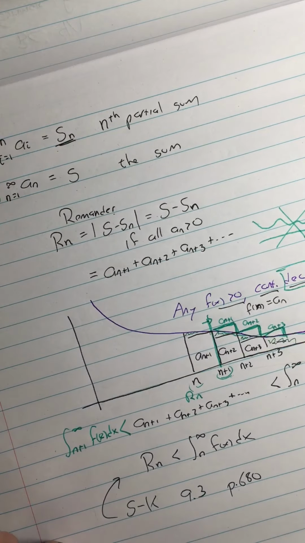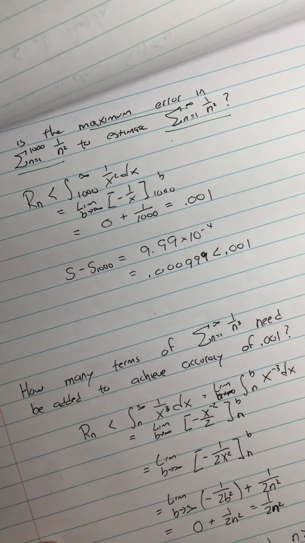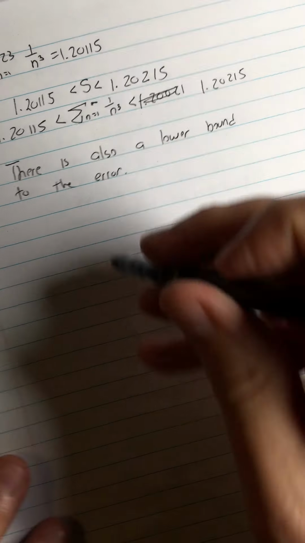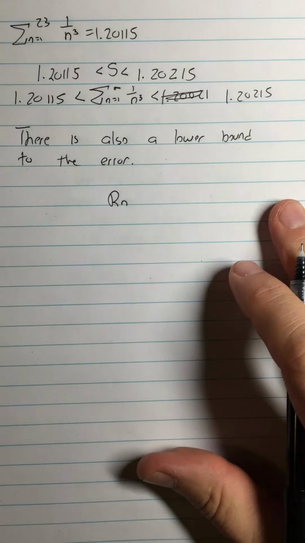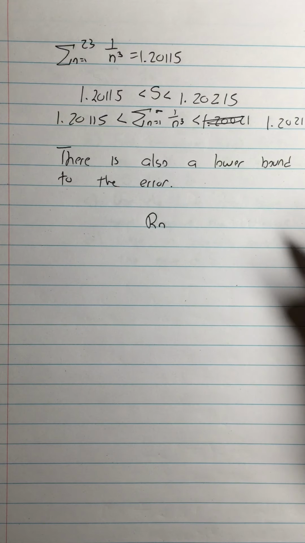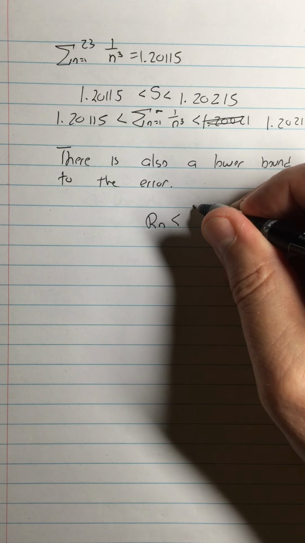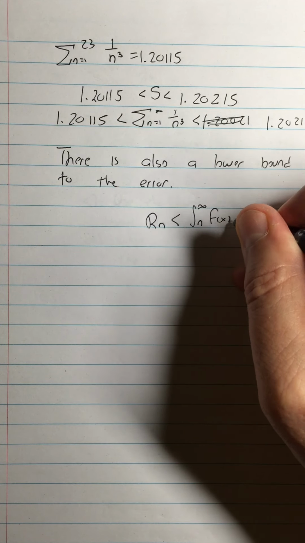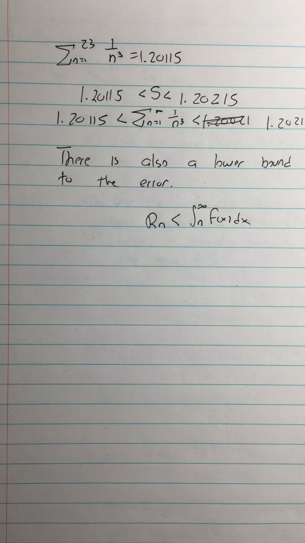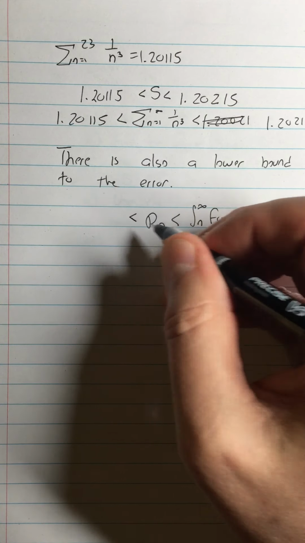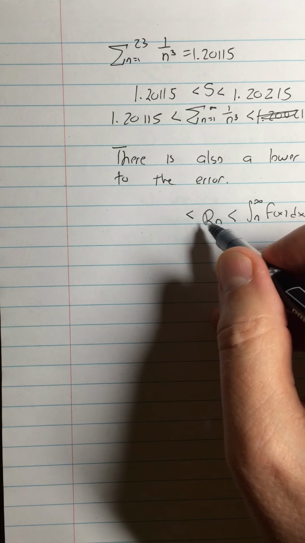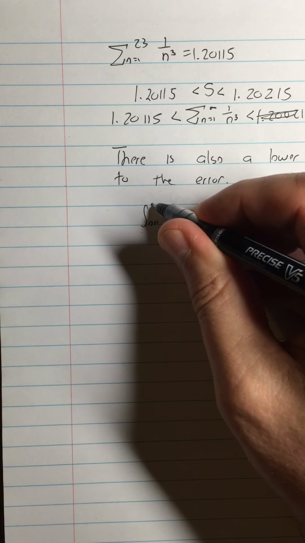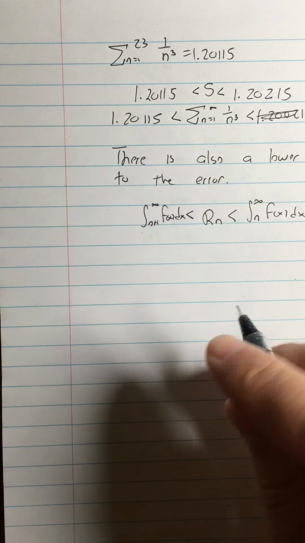All right, so the full statement of this remainder theorem is, if I can find out what page I'm on, the remainder r sub n, meaning the error incurred by using finitely many terms, n terms, to estimate the infinite sum, is less than the integral from n to infinity of f of x dx, where f of x is a function that models the sequence, so f of n equals a sub n for all natural numbers n, and r sub n is also greater than the integral from n plus 1 to infinity of that same f of x dx, which I squinched in there.